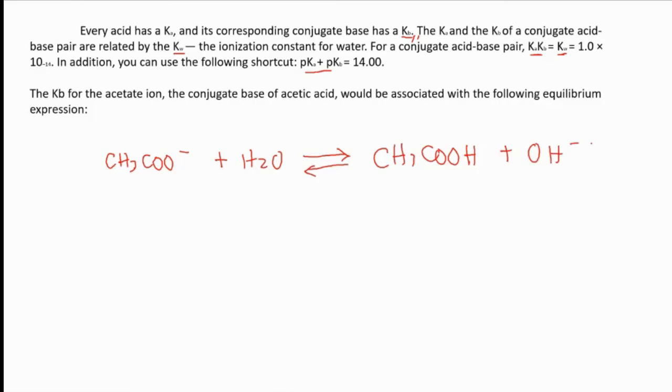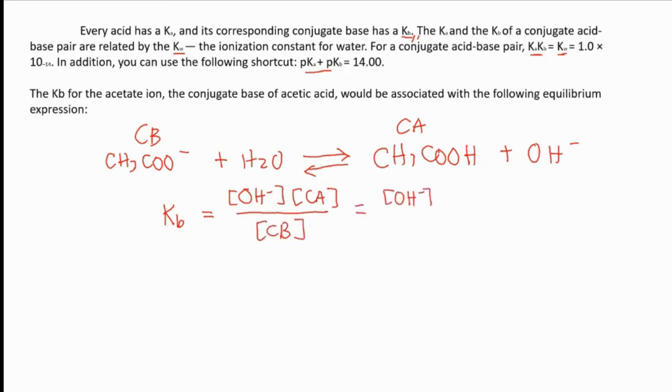So what is the Kb of the acetate ion? We have the conjugate base and the conjugate acid, so OH times the conjugate acid divided by the conjugate base. This is your OH, the concentration of acetic acid, and then the concentration of the acetate ion.